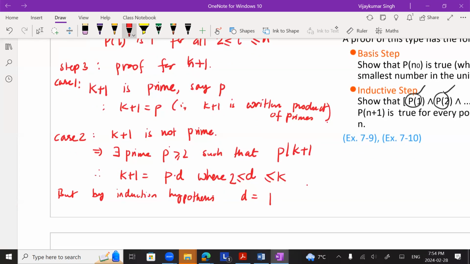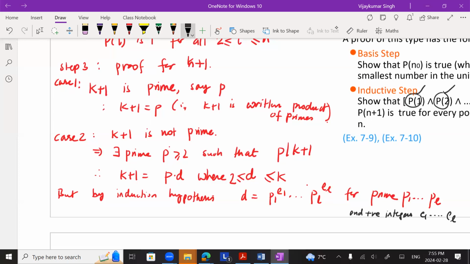So d is p1 to the power e1 up to pl to the power el, for primes p1 to pl and positive integers e1 to el.